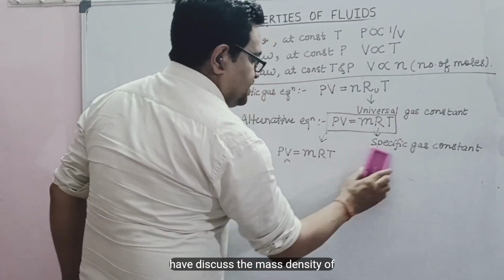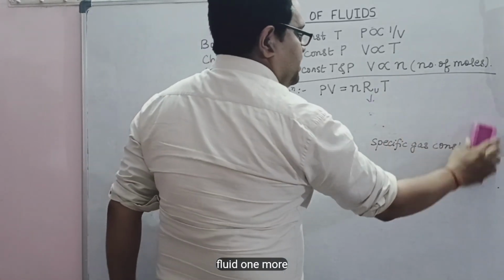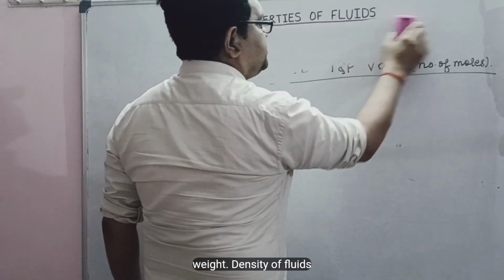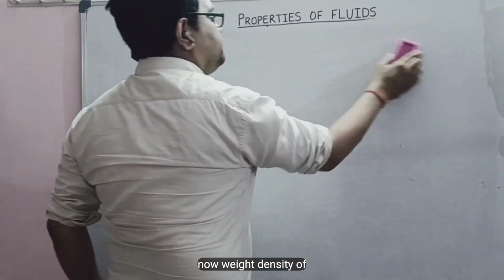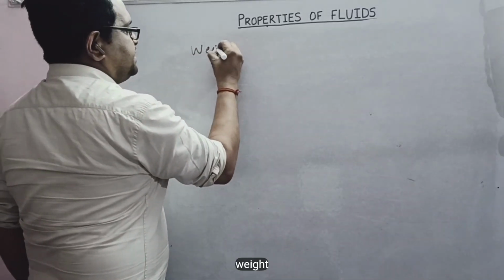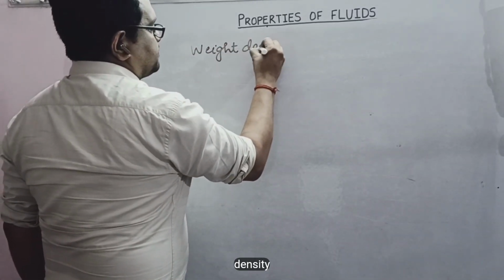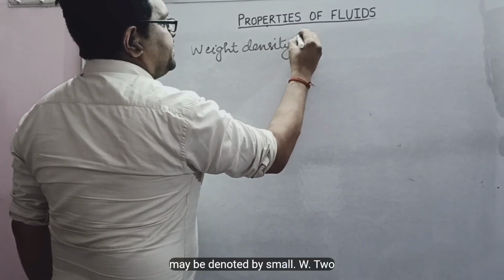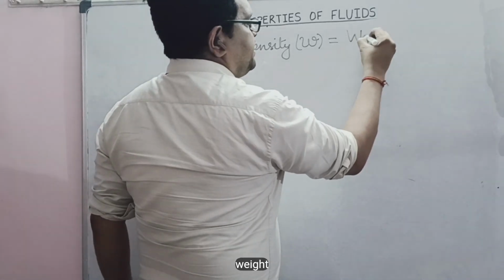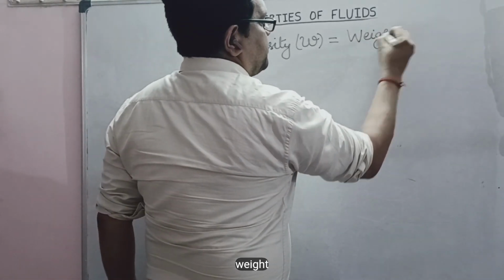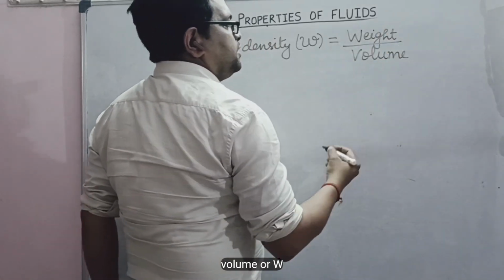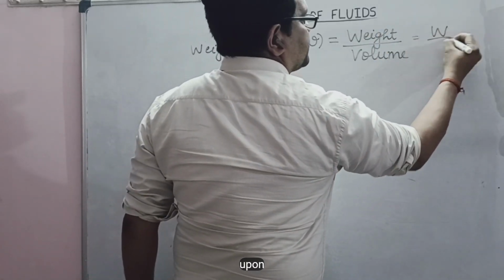Now we have discussed the mass density of fluid. Now one more property is the weight density of fluids. Weight density may be denoted by small w, and it is nothing but the ratio of weight upon volume, or w upon v.